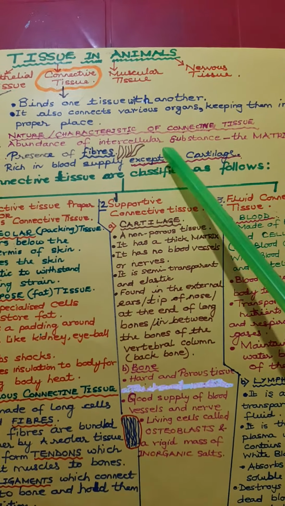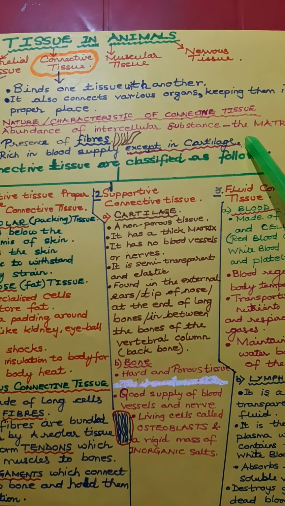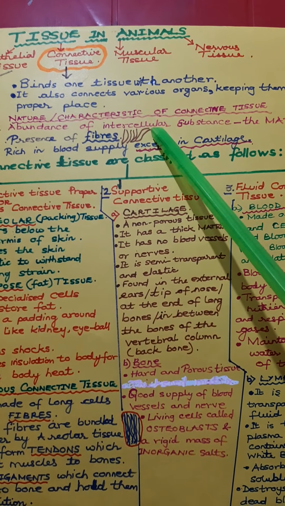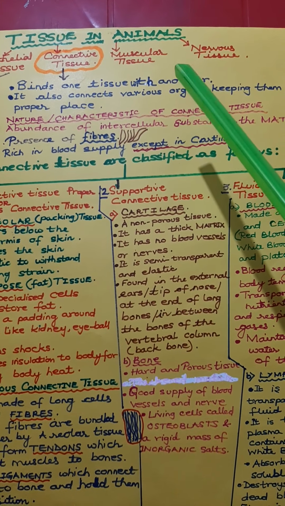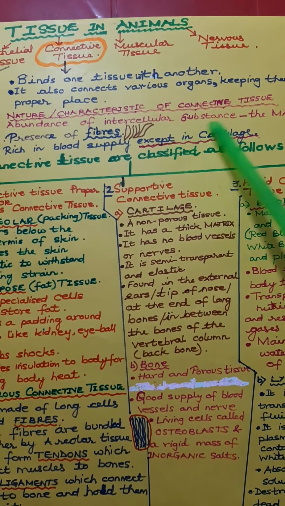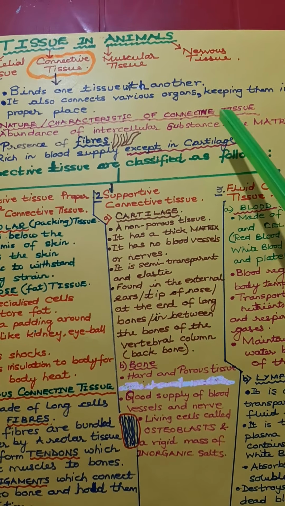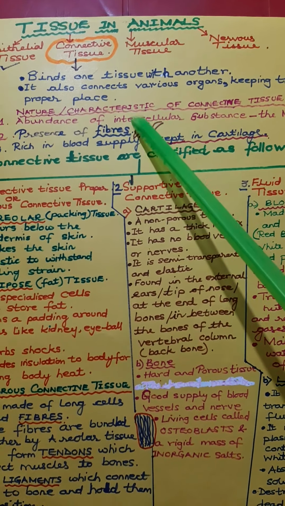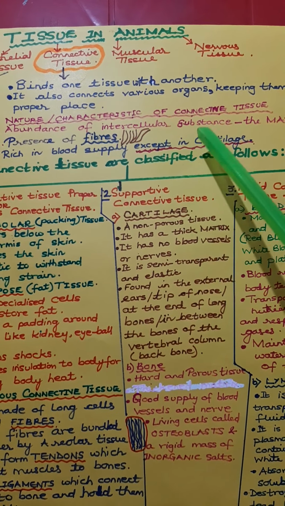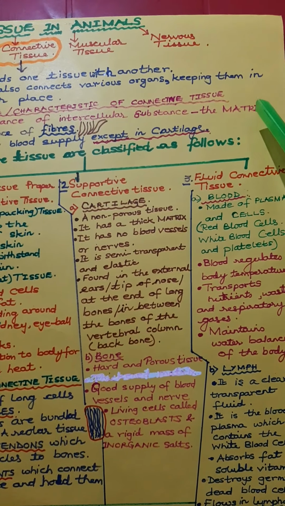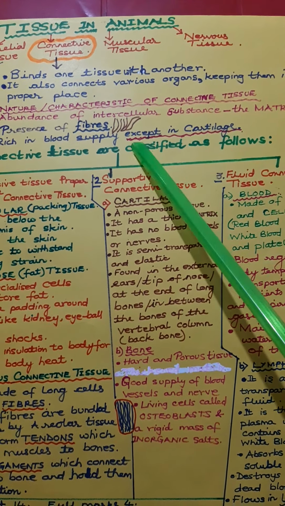Abundance of intercellular substance. Now, intercellular means in between the cells. In between the cells, there is an abundance of a substance, and that is called the matrix, the base.